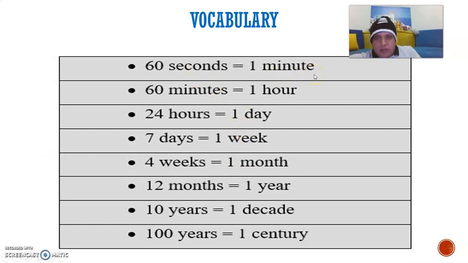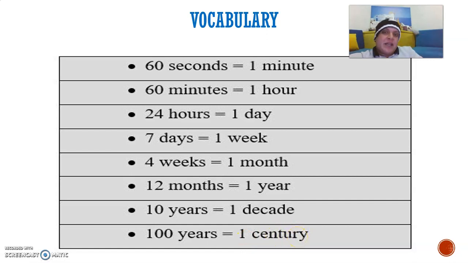Of course, we all know this. 60 minutes is 1 hour. 24 hours is 1 day. 7 days is 1 week. 4 weeks means 1 month. 12 months, 1 year. We already saw this. 10 years, 1 decade. And 100 years is 1 century.